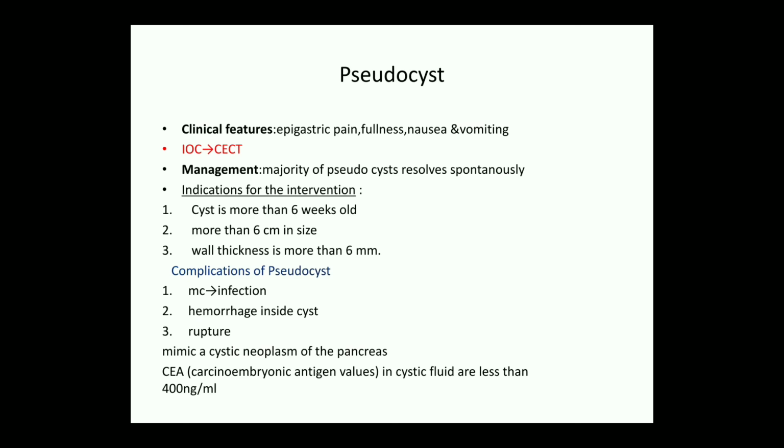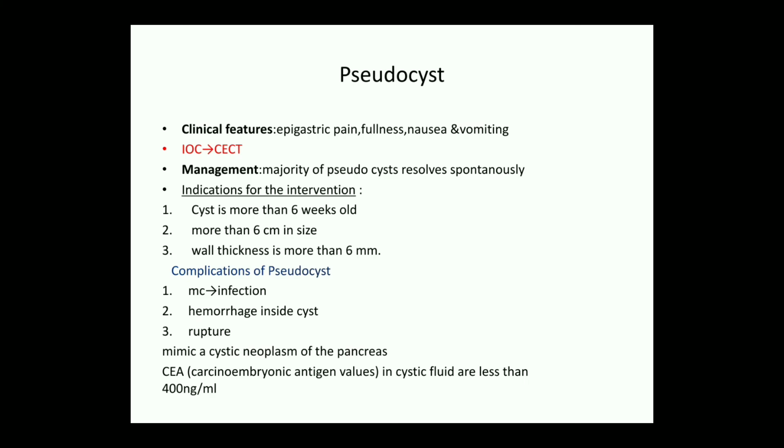In the management of pseudocyst, the majority can resolve spontaneously, so we do not have to do anything. But there are some indications for intervention: if the cyst is more than 6 weeks old, more than 6 centimeter in size, and the wall thickness of the cyst is more than 6 millimeter.